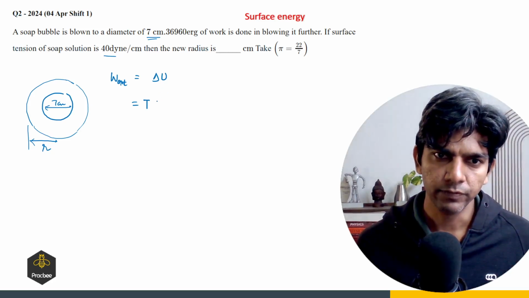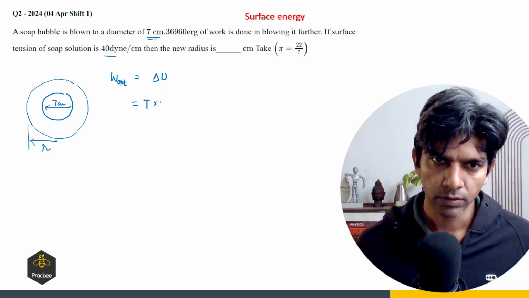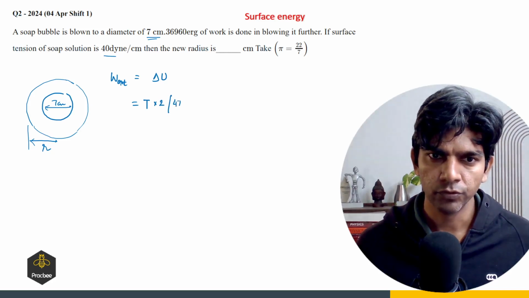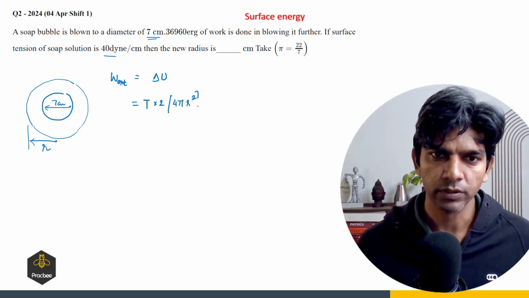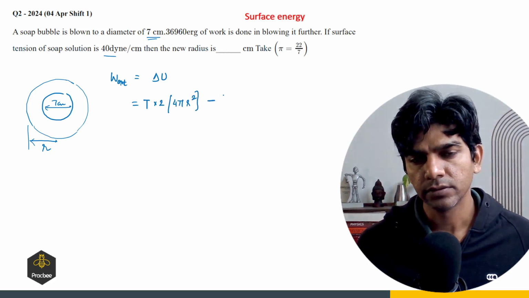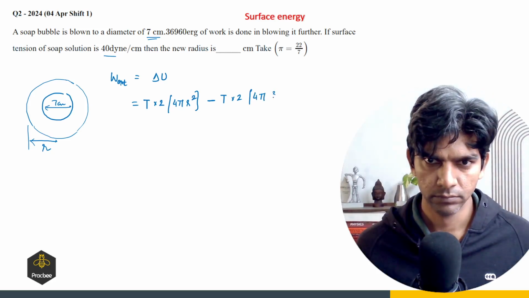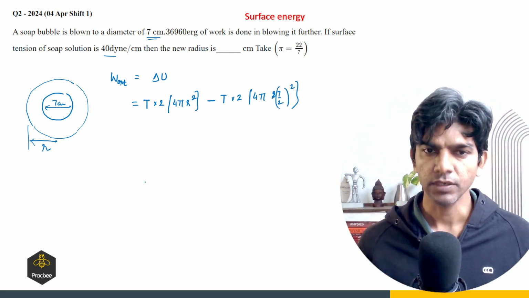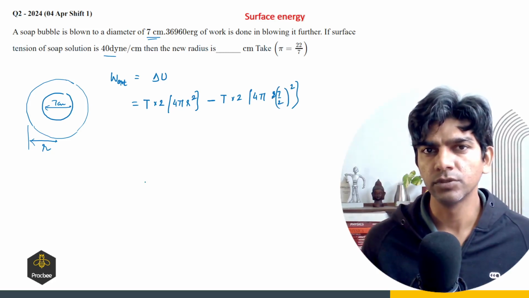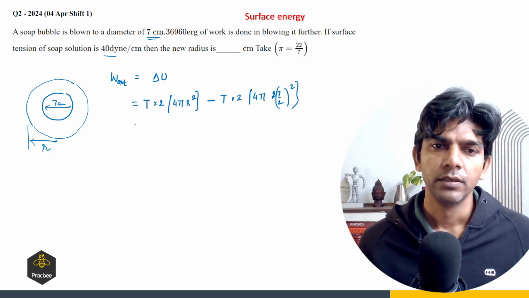Final surface area will be 2 times 4 pi r square minus initial potential energy will be T times 2 times 4 pi 7 by 2 square. So I am finding the answer in CGS only.